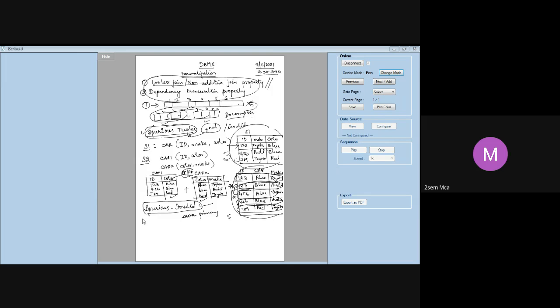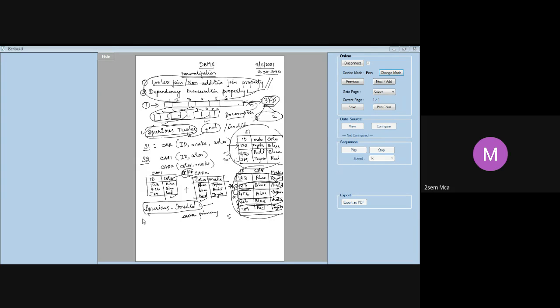The second property is dependency preservation, which ensures that every functional dependency is represented in some table which results after the decomposition. Suppose I have 3 functional dependencies in this original table. All these functional dependencies should still exist. When I try to break it into 2 different tables, all these 3 functional dependencies should exist in one of them at least.